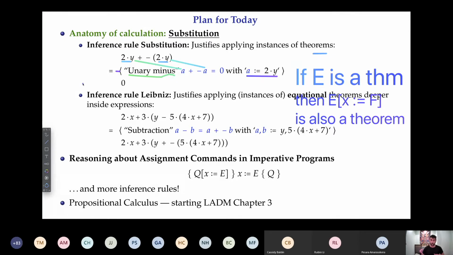So you want to use something that looks like a theorem, but the variables or instantiations are not the same. Really what you're doing under the hood, theoretically, is using the substitution inference rule. When you're substituting in the middle, like in the body of an expression, such as right here, we're doing subtraction, turning this minus into a plus.